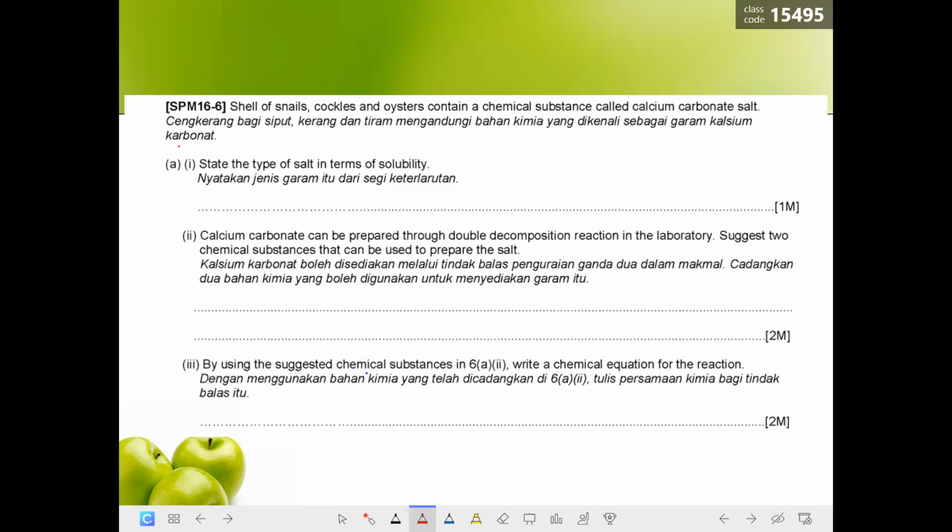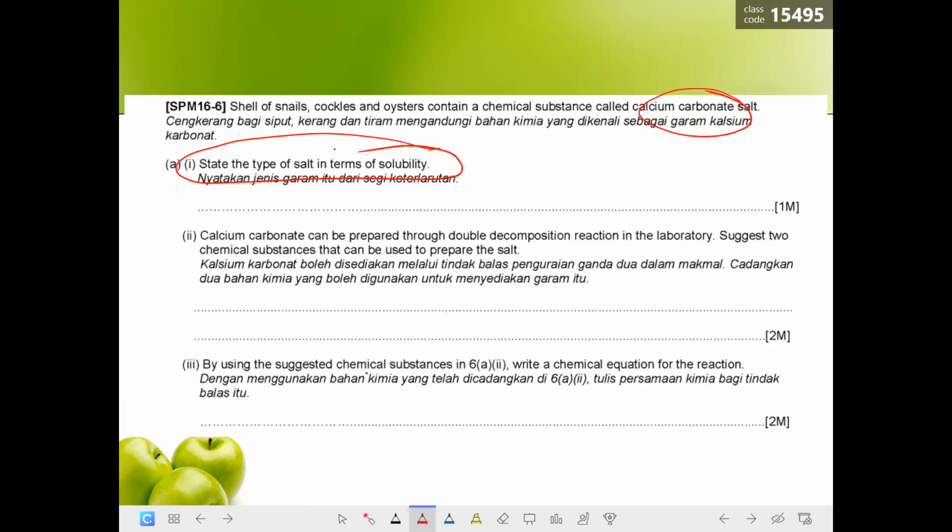Shell of snails, cockles, oysters. They are from calcium carbonate. State the type of salt in terms of solubility. You don't know what the question is asking?